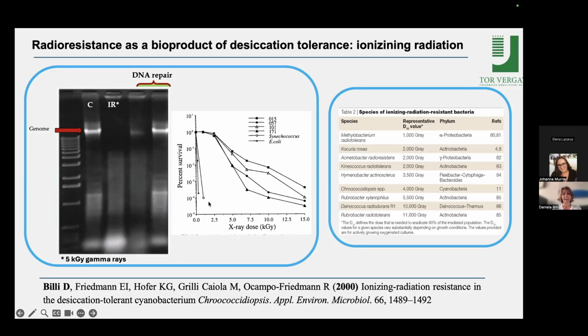Both of them have very low tolerance towards radiation, whereas the desert strains of Chroococcidiopsis are very resistant, up to 15 kilogray. This is a huge dose that only bacteria like Deinococcus radiodurans can face. Here you see the top 10 of radioresistance, and Chroococcidiopsis really stands alone as a photosynthetic bacterium among bacteria that are not photosynthetic.